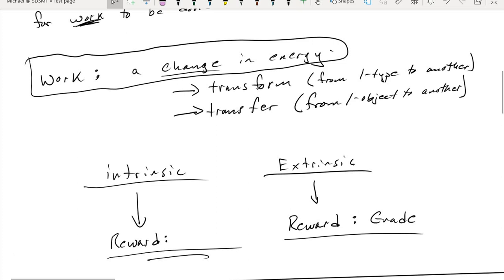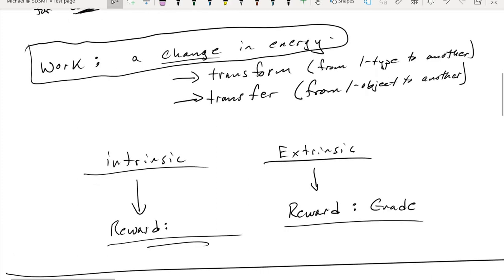And that extrinsic reward would be a grade for all of the effort and work that you've put into this class. And you're hoping that that extrinsic reward will be an A, maybe a B. Anything less than that probably wouldn't feel like a reward, but you have something to show for all of the effort that you put into the class. But the reason that this is extrinsic is because it is external. It is a reward that comes from outside. It's coming from me.